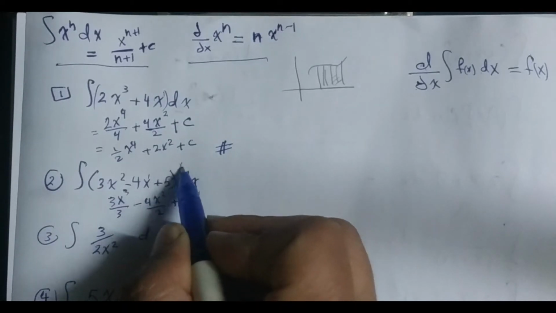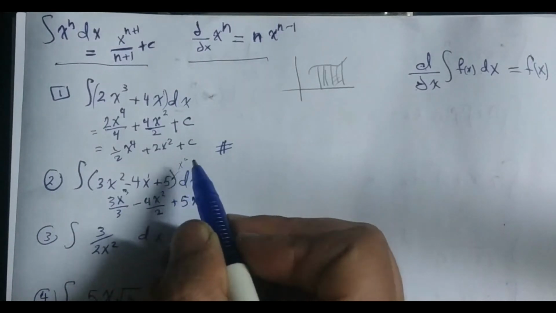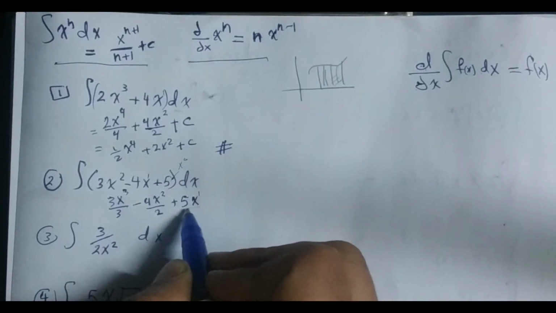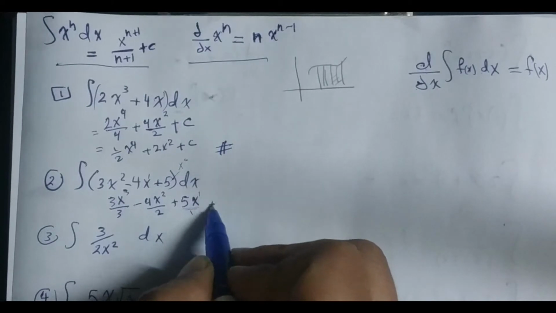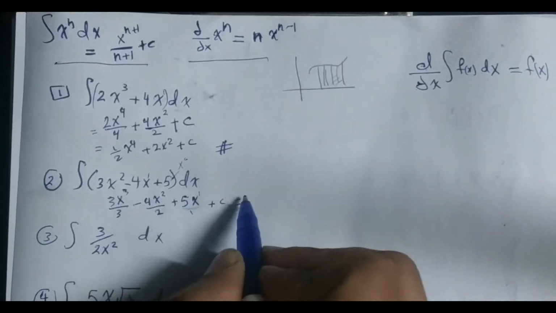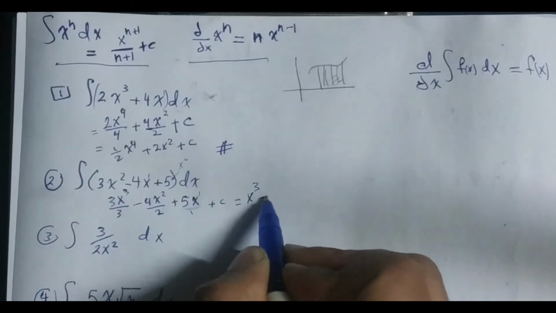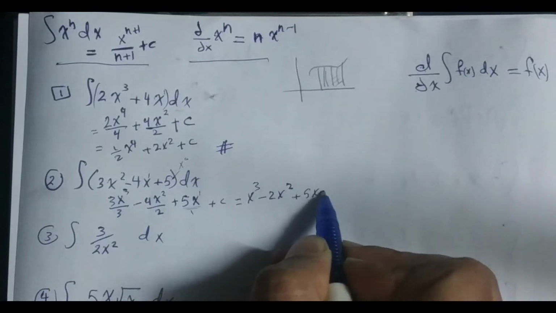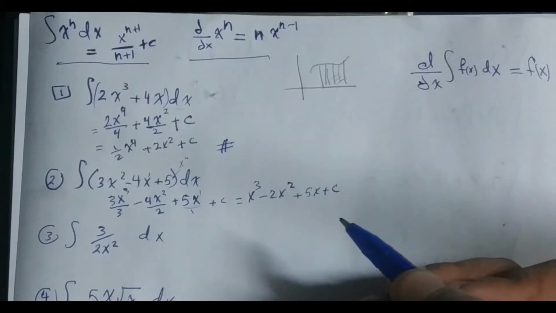Like we say, we have x to the power 0, and anything to the power 0 equals 1, but when we add 1 and divide by the new power 1, plus constant, of course, don't forget it. To simplify, it will be x^3 minus 2x^2 plus 5x plus constant.